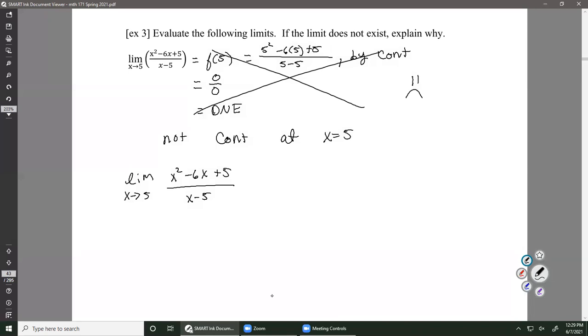Normally people just have this strange urge in math to factor everything. In this case, that's the right approach. So we're going to redo this. We're going to write this as a limit as x goes to 5 of x minus 5, x minus 1 over x minus 5.